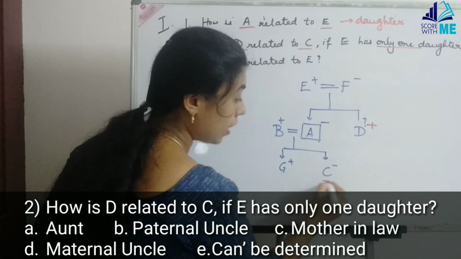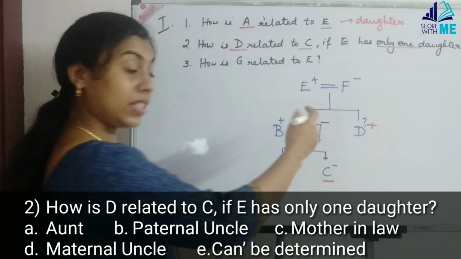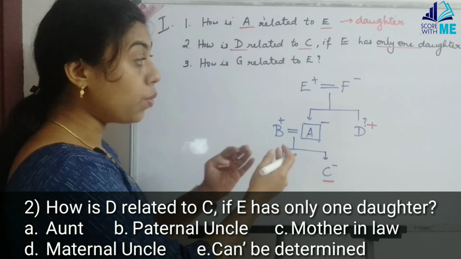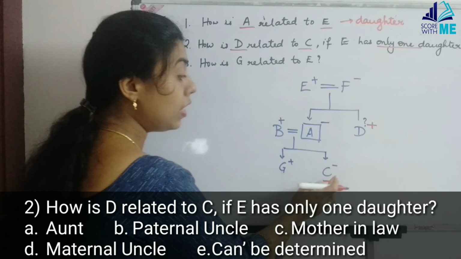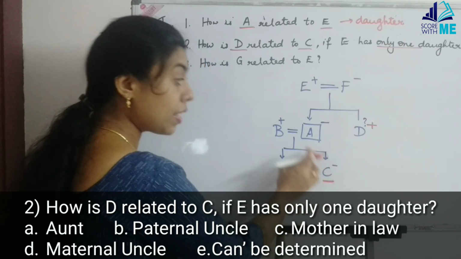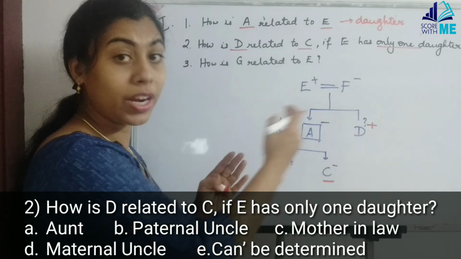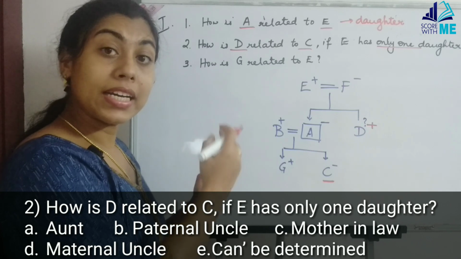How is D related to C? So C is the daughter of D's sister. So a brother or sister's daughter becomes a niece. And relationship is asked, how is D to C? So D is going to be uncle. And what uncle? This daughter's mother's brother. So mother's brother is maternal uncle.